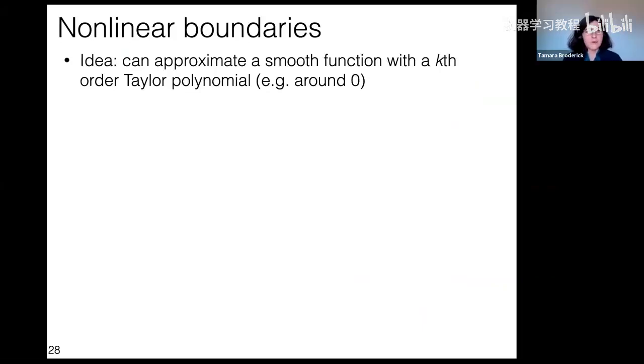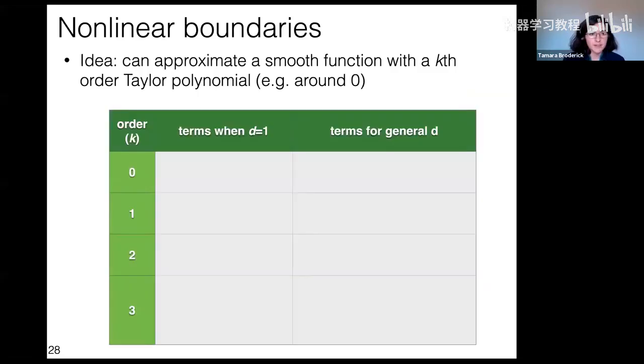So we just said, if I want a really general function, general smooth function, I can approximate that pretty well, especially within a particular bounded region, with a kth order polynomial, a kth order Taylor polynomial. For instance, let's say it's around 0. So if, in particular, I was looking in one dimension, if my features only existed in one dimension, then just recall that the 0th order Taylor expansion is basically a constant, or a constant times 1.